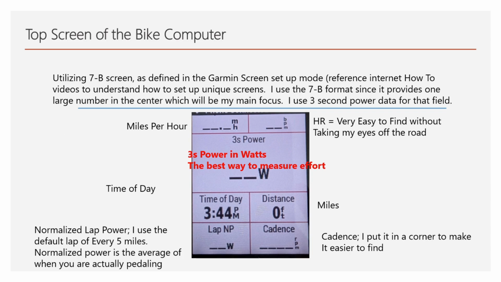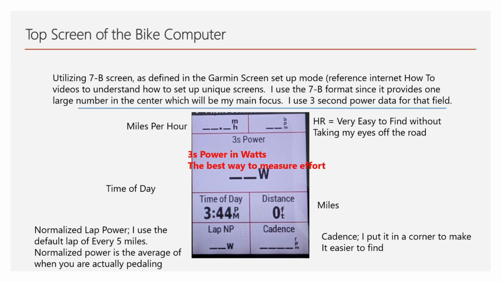So below is my top screen of my bike computer. If you're familiar with Garmin screen setup on your model of bike computer, I use a 7B screen. A 7A screen still gives you 7 fields, but with 7B, it makes the one field bigger than all the others.